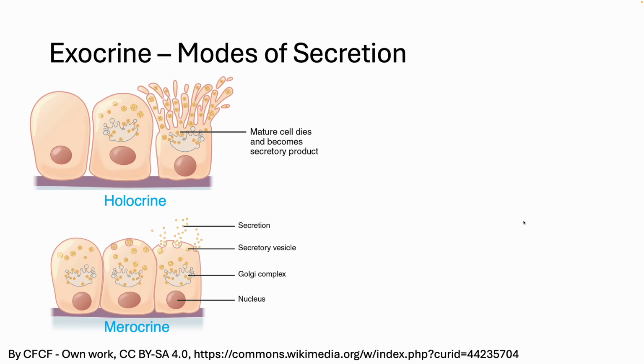The mature cell dies and ultimately becomes the secretory product, while in merocrine, it's not going to die. Examples of merocrine include the glands in the pancreas, sweat glands, and salivary glands, while an example of holocrine glands are the sebaceous glands.